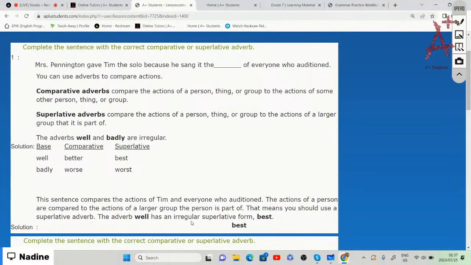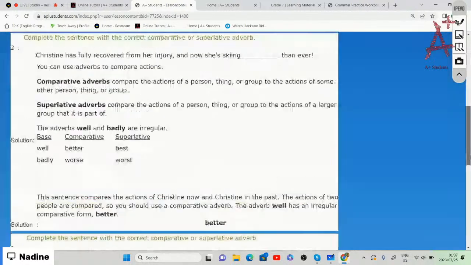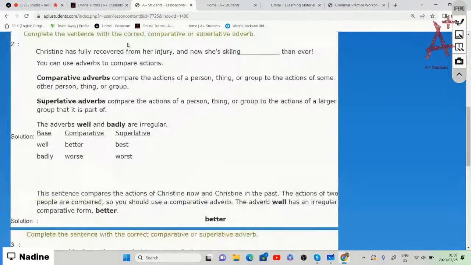All right. Christine has fully recovered from her injury, and now she's skiing, is it well than others? So well is a base word, which is an irregular adverb. So Christine has fully recovered from her injury, and now she's skiing than ever.